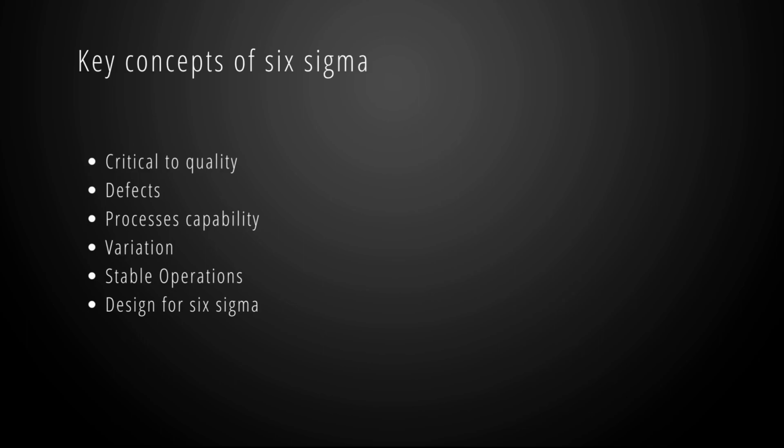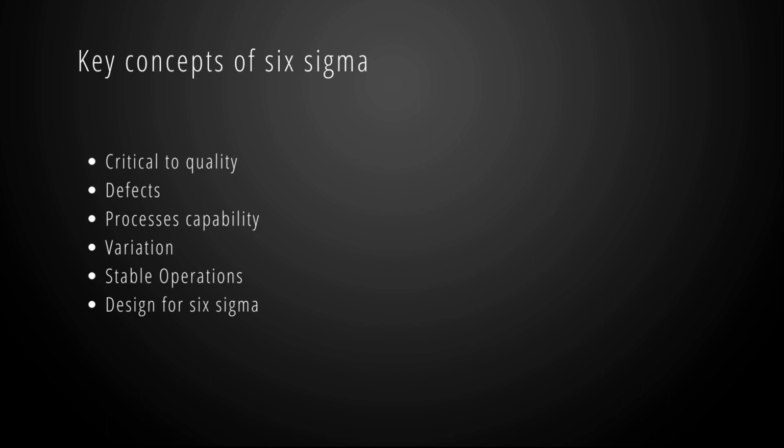So we have the 6 key concepts of Six Sigma, which are critical to quality, defect, process capability, variation, stable operations, and lastly design for Six Sigma. When we talk about critical to quality, those are the attributes that are critical to customers.